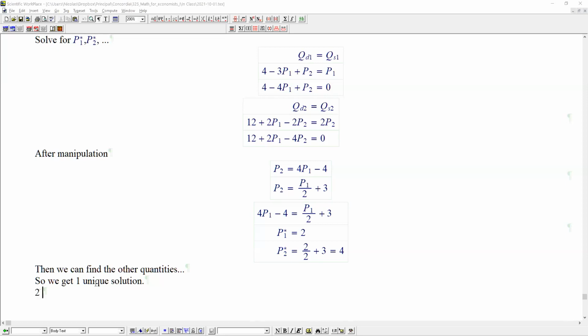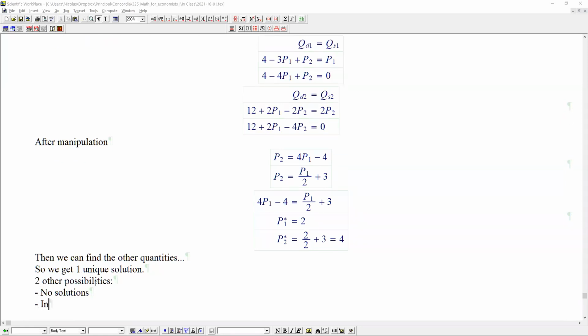We have two other possibilities. Yeah, no solution or infinite solution.